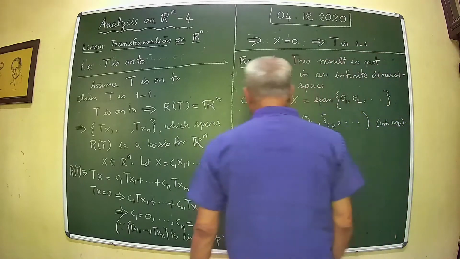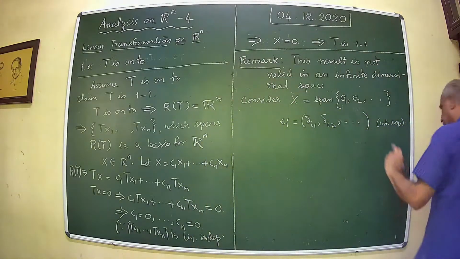That means the ith place it is equal to 1 and elsewhere it is 0.